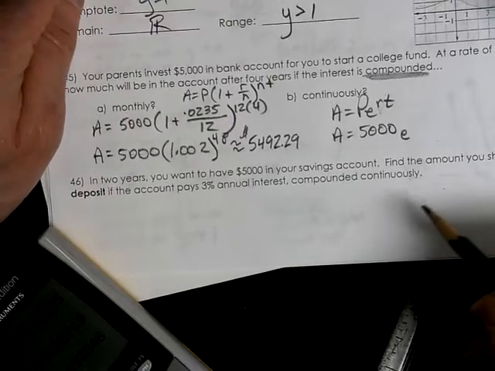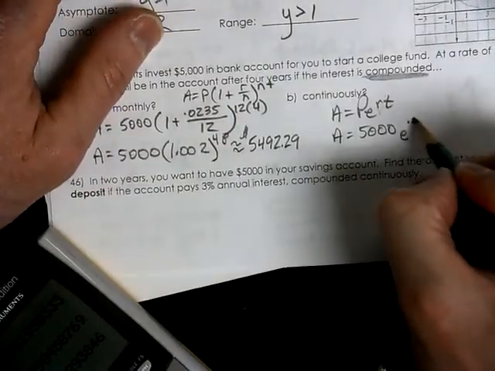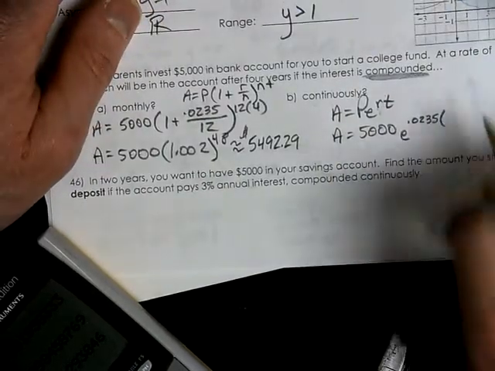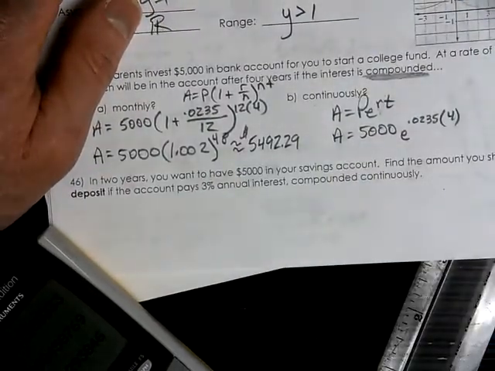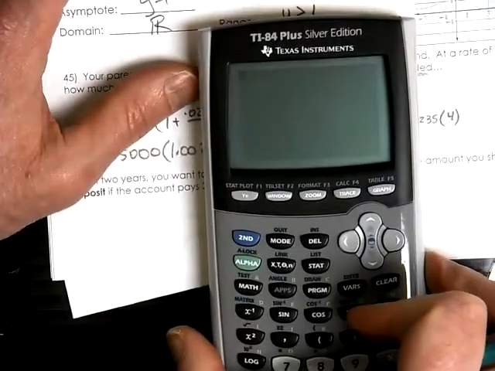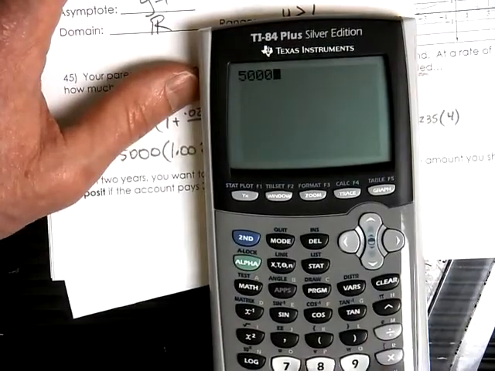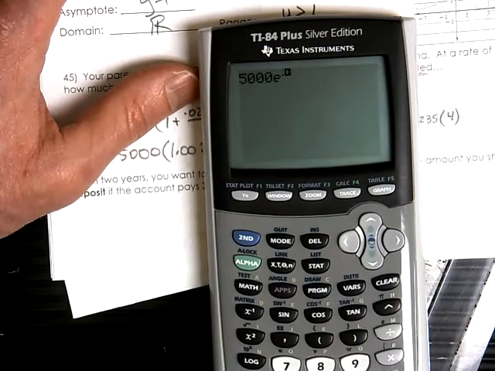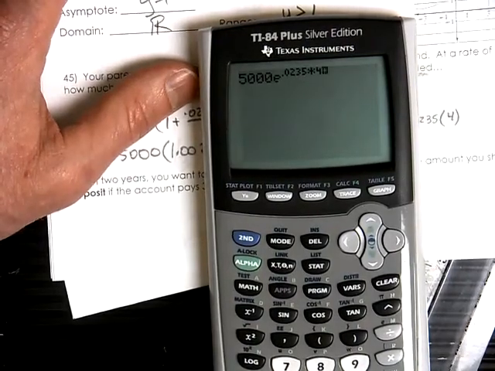Your exponent is 0.0235, and you're doing this for 4 years. So we have 5,000 times e, and the e is next to the 4, raised to the power of 0.0235 times 4.